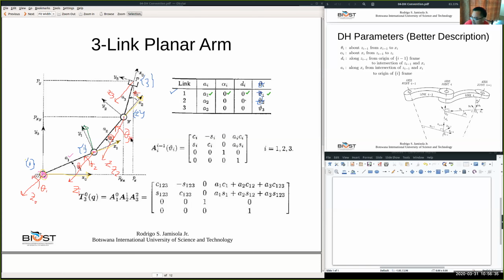Or why is that theta 3? It should be theta 2. Okay, let's delete that one. That should be theta 2 and theta 3 is over here. Ah, no, that was correct. It was this one. Okay, wait, let's undo.